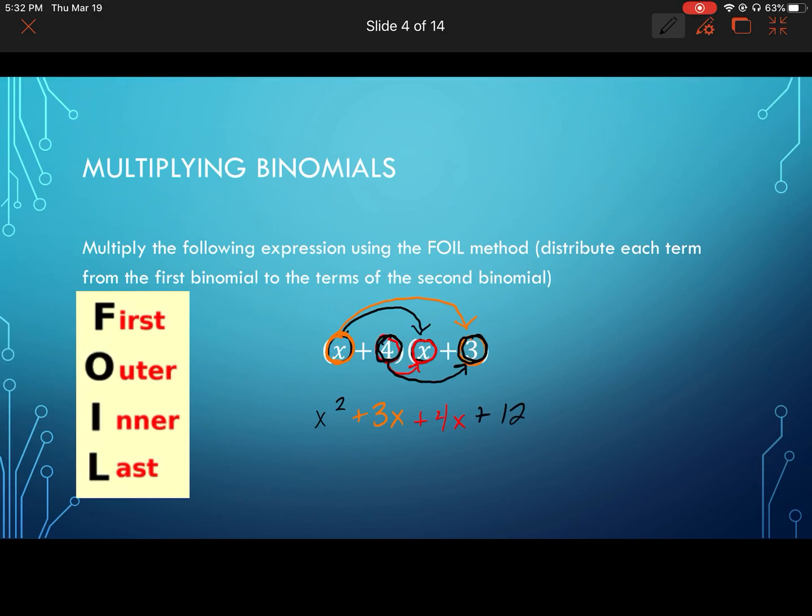And you're going to see a recurring pattern for all the ones that we do here. You're going to have these two middle terms that end up being like terms. So we're going to combine those. So x squared plus 7x plus 12. That's supposed to be a 12.